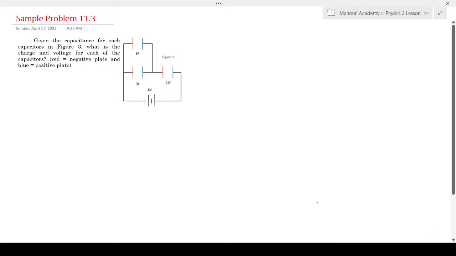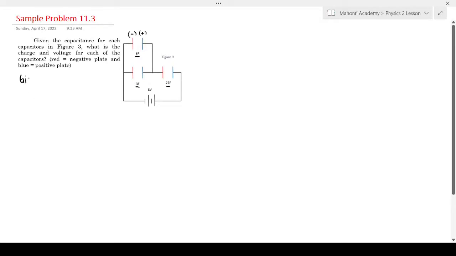So sample problem 11.3. We are given the capacitance for each of the capacitors. The red sign tells us that that's negative, and the blue sign tells us it's positive. So this is our figure 3. We have 3 capacitors, and they gave us the capacitance for each of our capacitors.